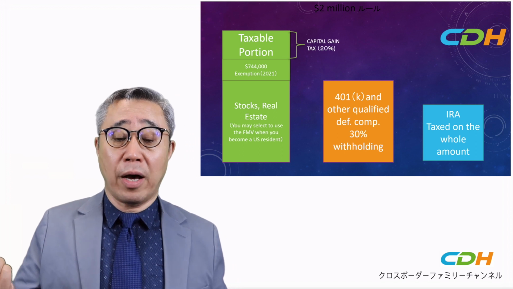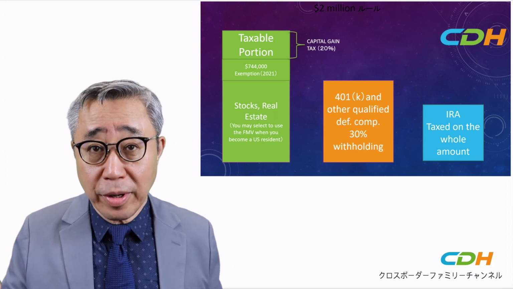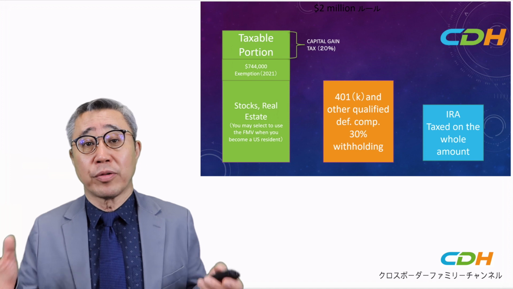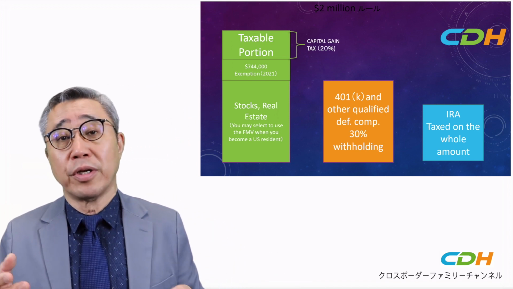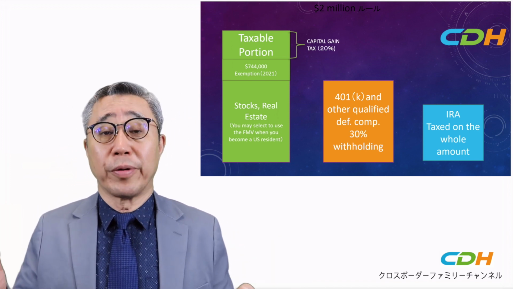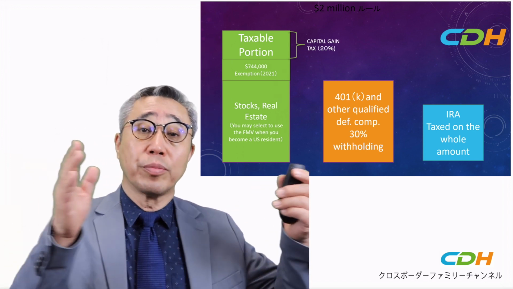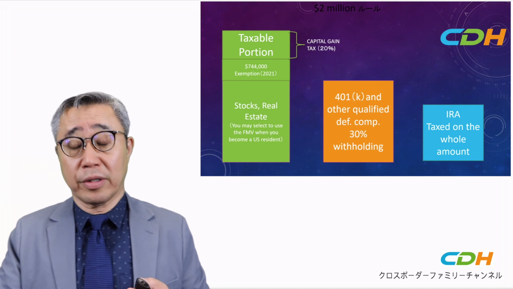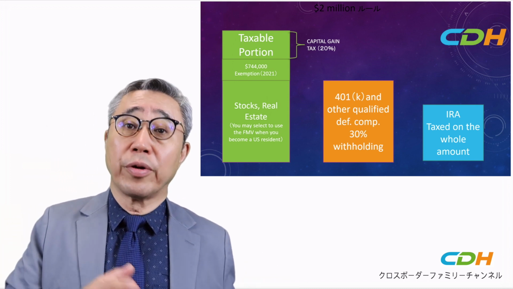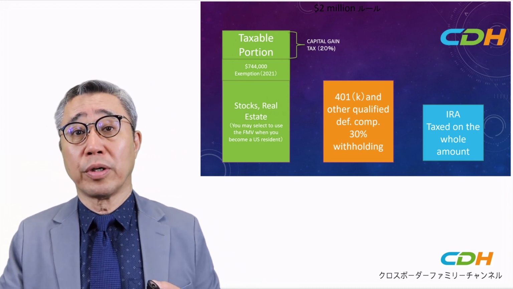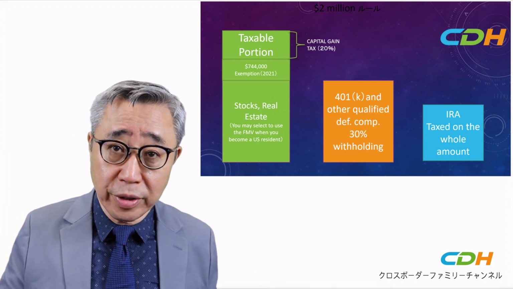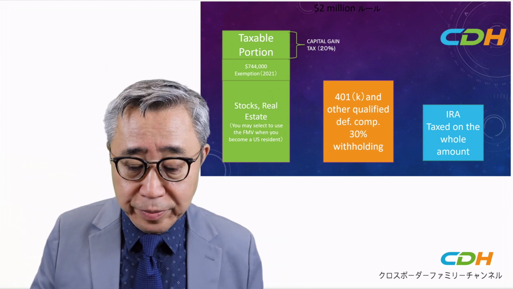And if the country that you live in doesn't have a treaty with the United States, you would probably not be able to recover 30%, but you may also be able to, I think, use a foreign tax credit to reduce your country's income tax.